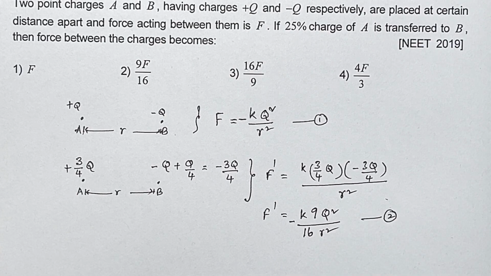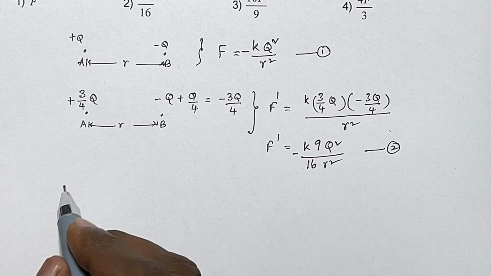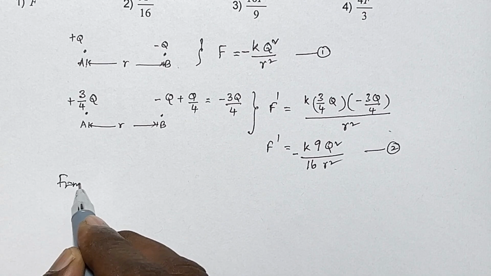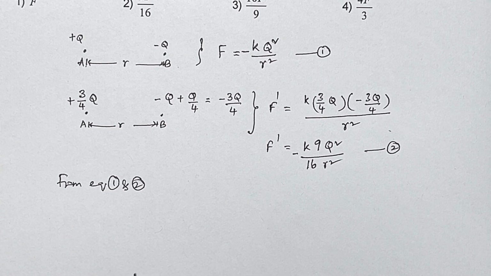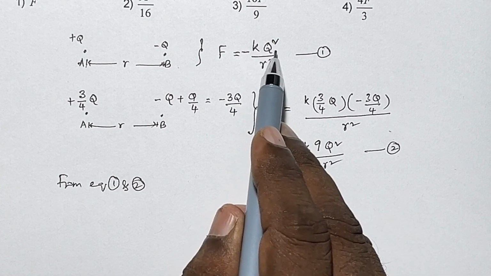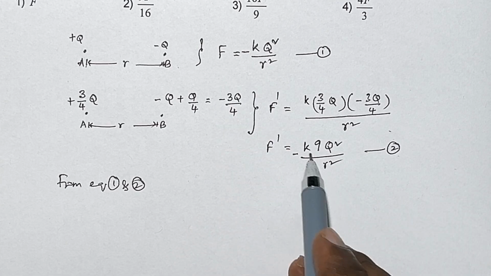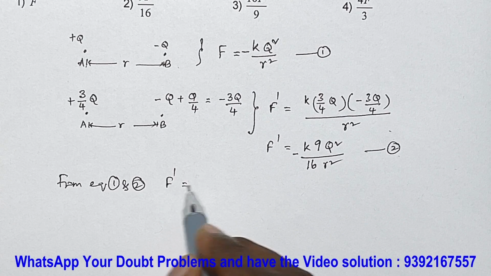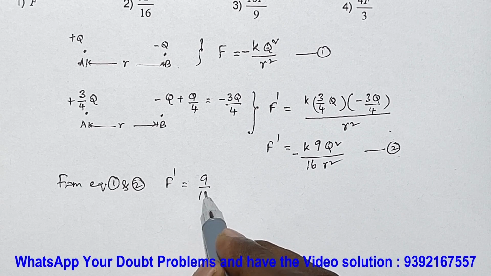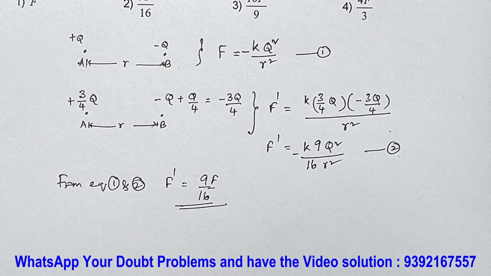This is equation 2. So we will compare equations 1 and 2. From equations 1 and 2, minus K Q square by R square we will take as F. So F dash is equal to 9 by 16 F. So this is our answer.